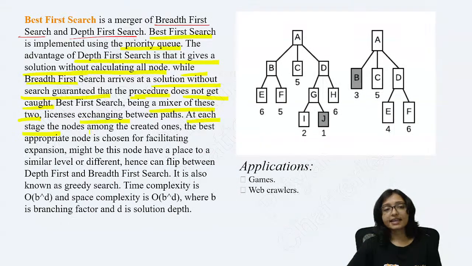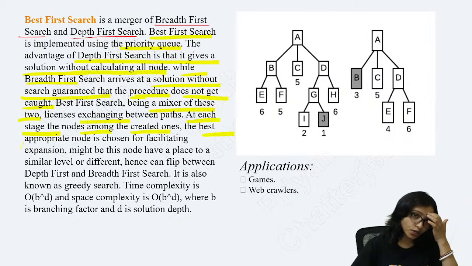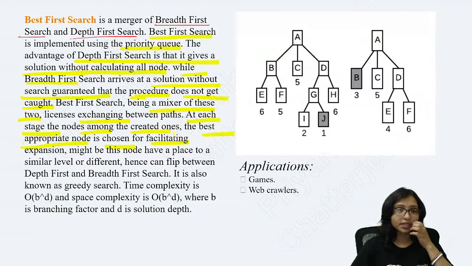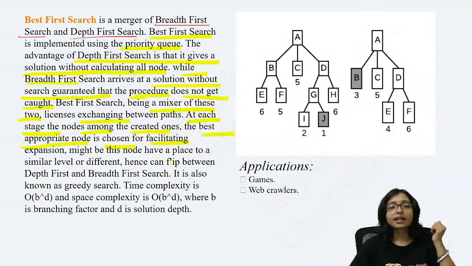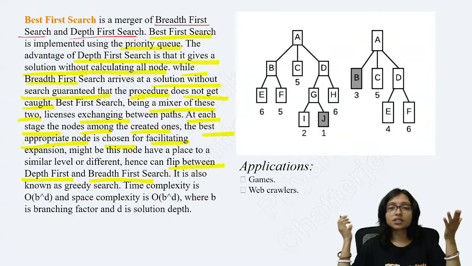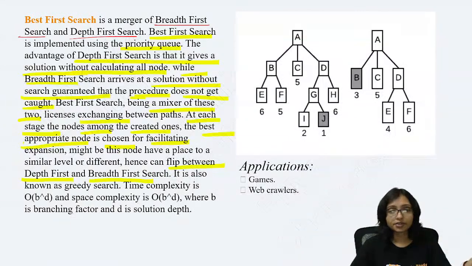At each stage, among the created nodes, the best appropriate node is chosen for further expansion. So which one should I expand, for that I am going to choose it, and hence it can flip between depth first search and breadth first search. Whenever BFS is required, it will do BFS. Whenever DFS is required, it will do DFS.